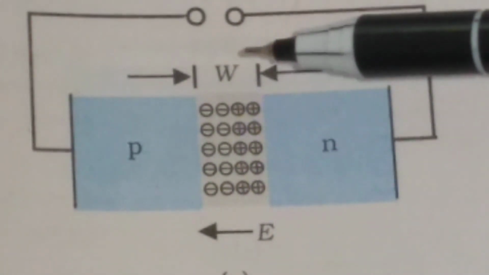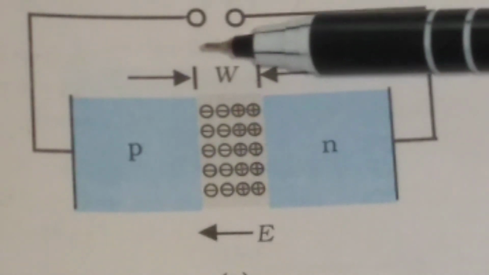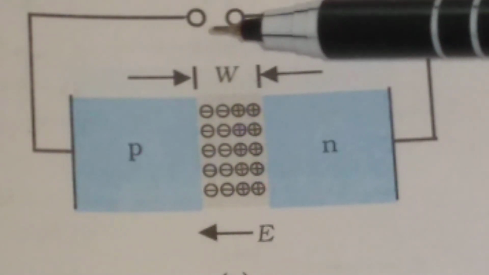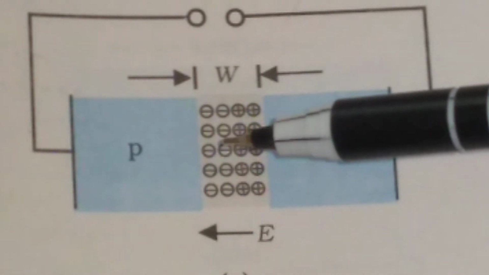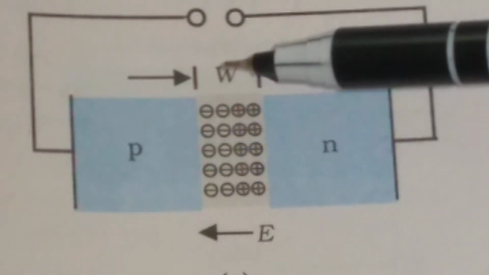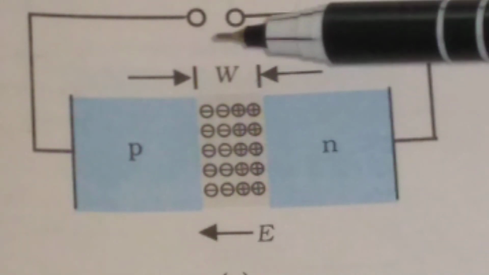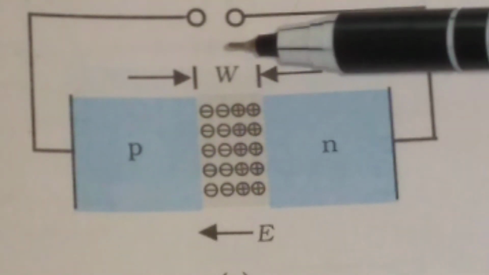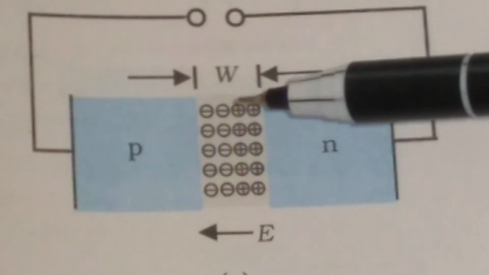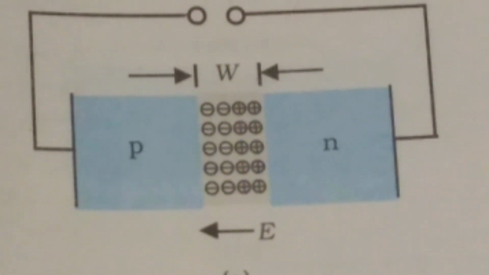And this is called biasing of the p-n junction. When you connect the p-n junction to an external source to decrease the potential barrier, or you may increase the potential barrier, this process is called biasing. But if there is no biasing, you will not connect any external source here, then there will be a potential barrier between these two sides of the p-n junction.